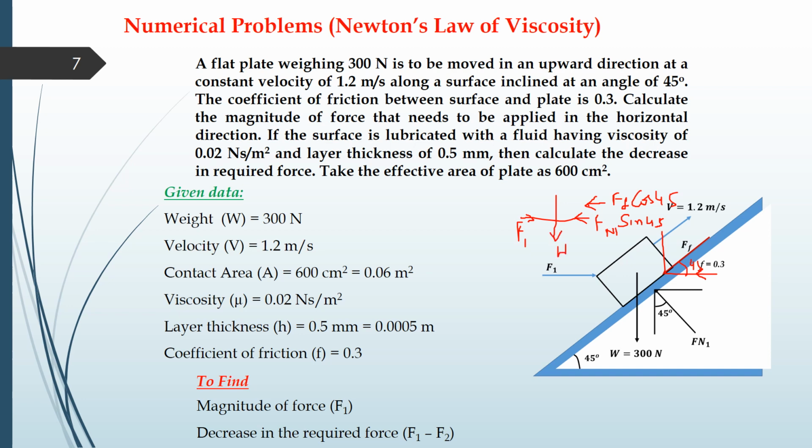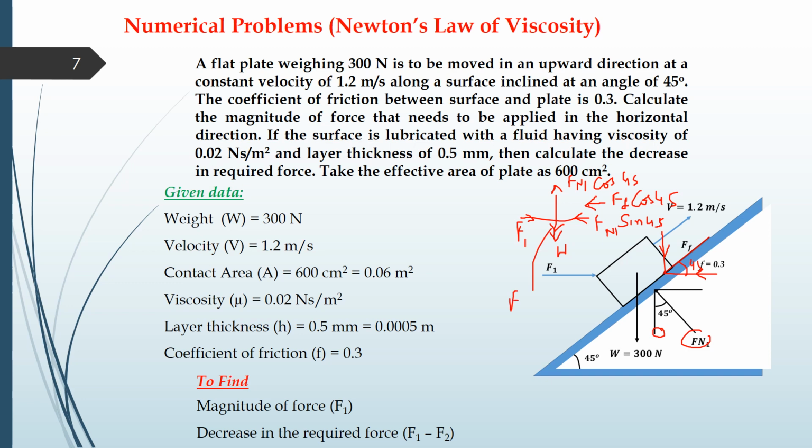And similarly we will have the forces which will be in the y direction. Simply weight is in y direction. Okay, and the component of this force, that is this component, we will call it Fn1 cos 45, that will be in this direction, and there will be another component, that is this one, it is Ff.